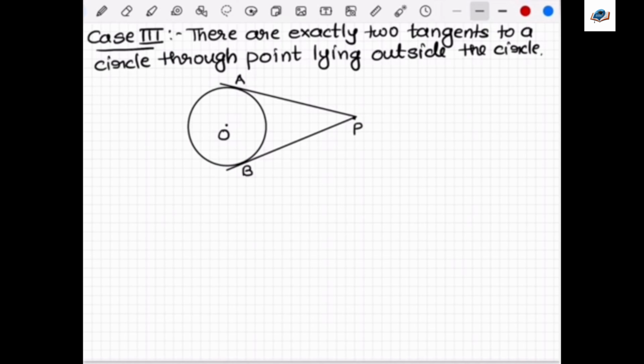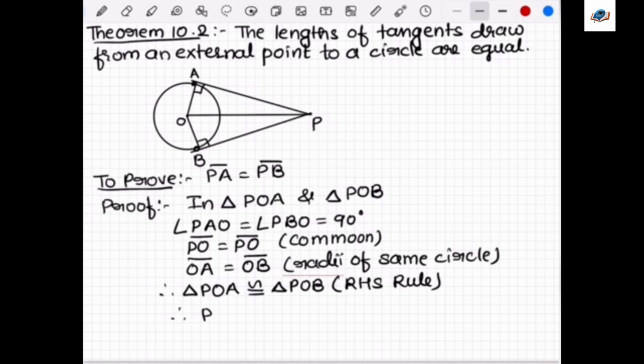So therefore PA equal to PB, by CPCT. See, I have proved both the triangles congruent, and then all the corresponding parts of congruent triangles are equal. So that property I have used to prove the theorem.